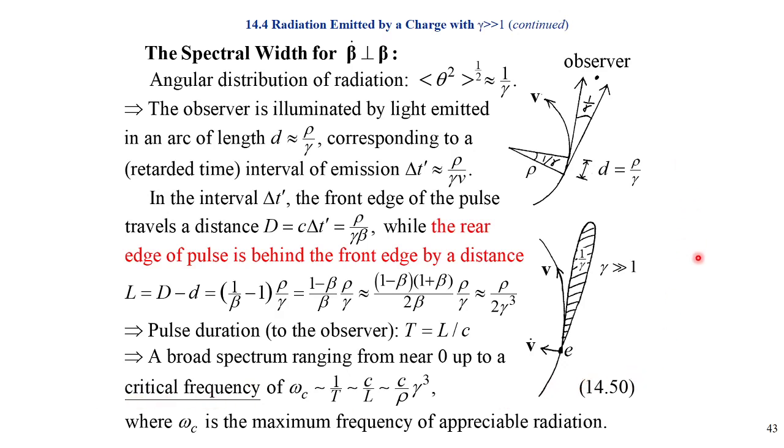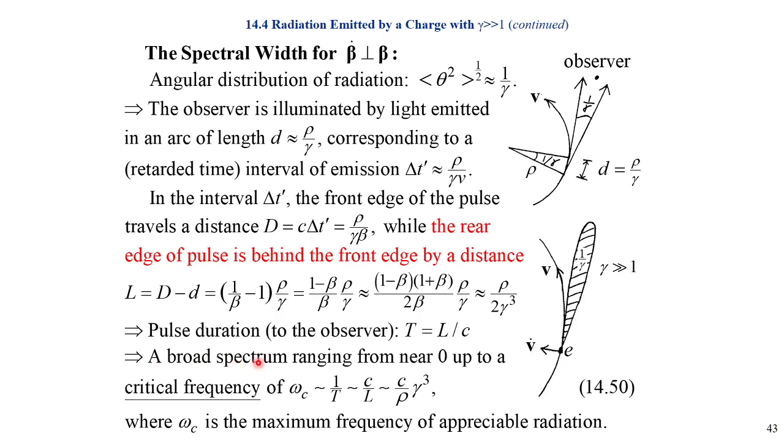If we have a single pulse, we can perform the Fourier transform. And if the pulse is very, very narrow, something like a delta function, then the spectrum will be very, very broad, covering all the frequencies. But now the pulse is not like a delta function, but has a finite length.